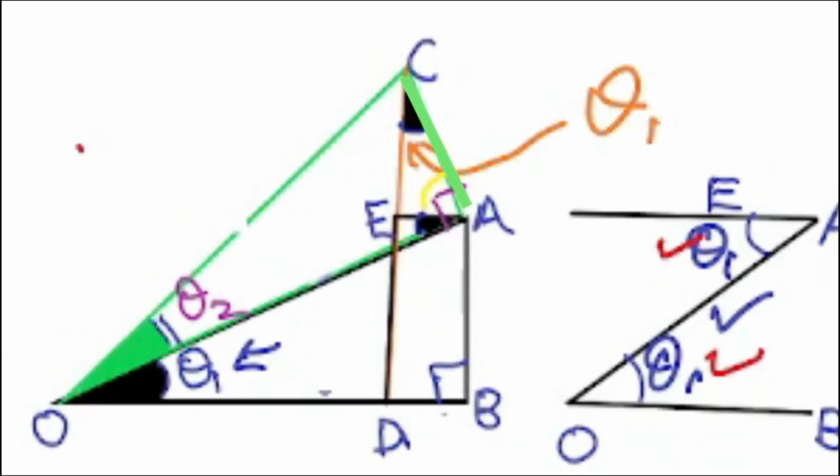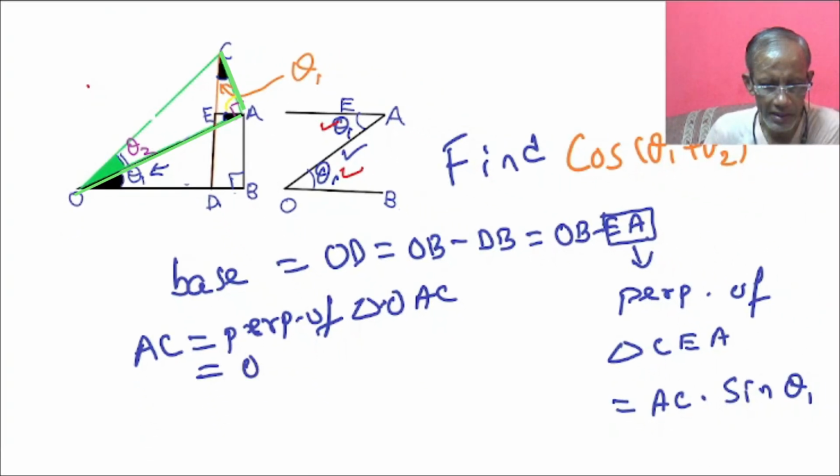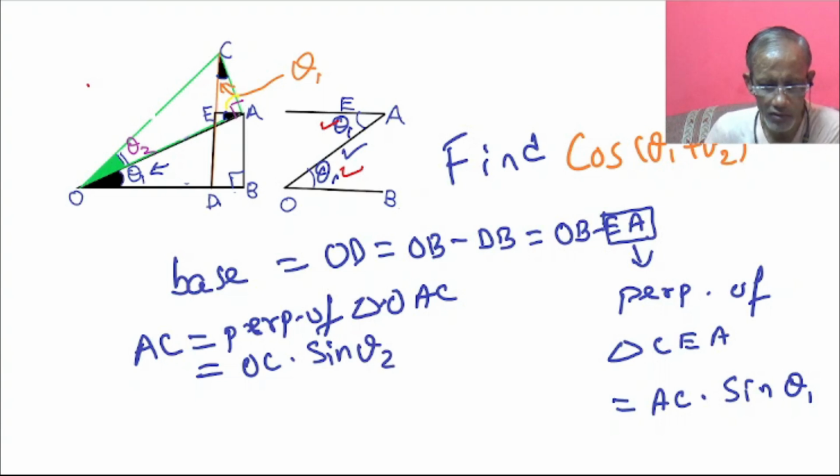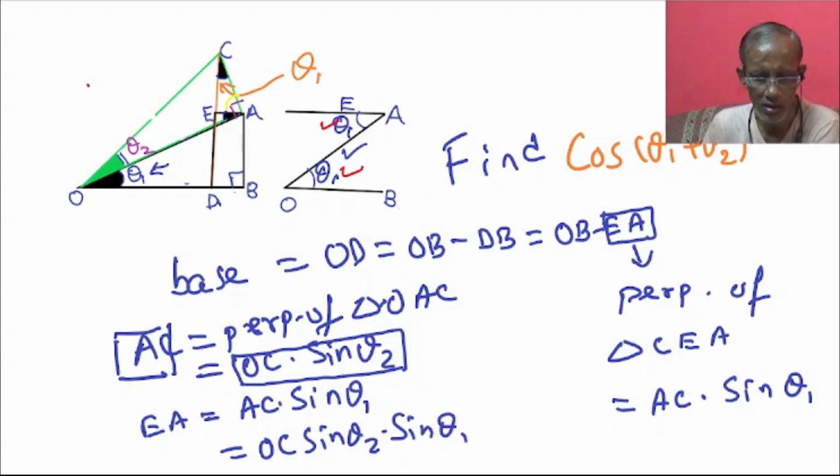AC is the perpendicular of triangle OAC. That is equal to the hypotenuse OC into sine of theta 2. Therefore, EA is equal to AC sine theta 1, equal to OC sine theta 2 into sine theta 1. So, this is the value of EA.